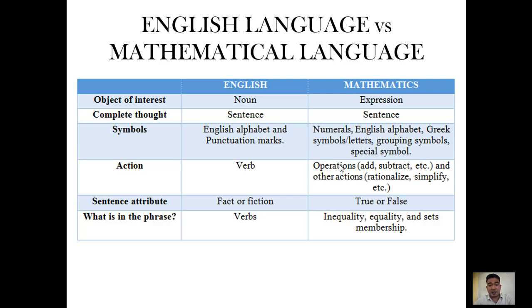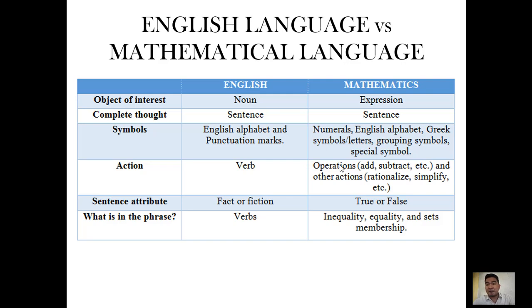And other actions such as rationalize, simplify. And then the sentence attribute for English is either fact or fiction, while in mathematics, it's true or false. The verb in the phrase, in English, verbs; but in mathematics, inequality, equality, and set membership.